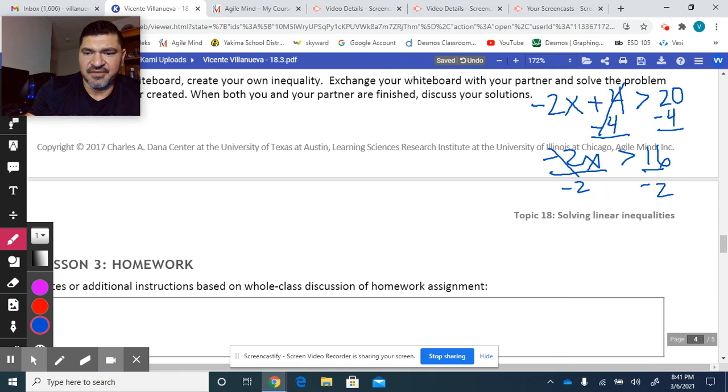Negative 2 divided by negative 2 is 1. 1 times x is x. And 16 divided by negative 2 is negative 8. Do you guys notice I made a mistake? Okay, remember when you divide by a negative, what do you have to do? Got to change the sign. So we're going to flip it this way and negative 8.